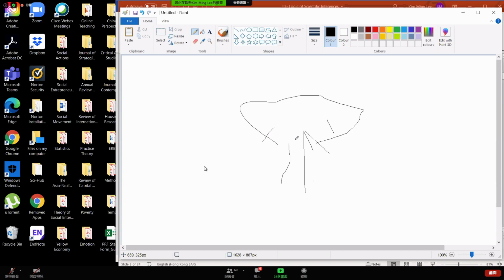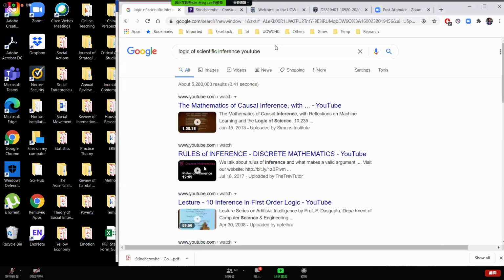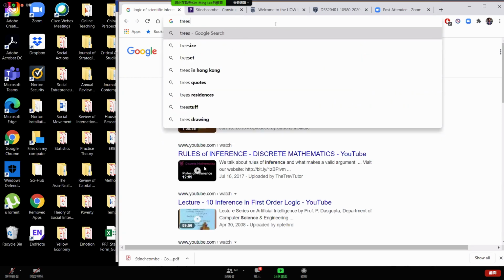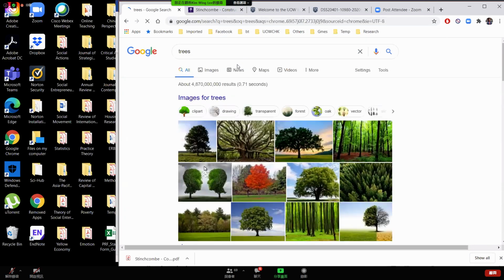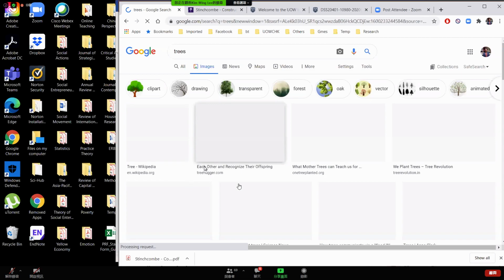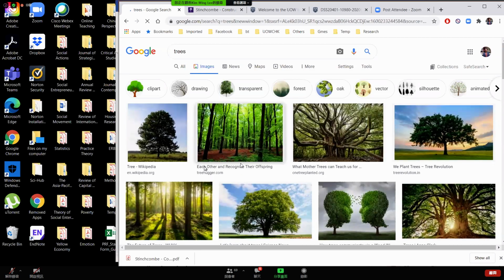So in this case, a concept is something in your mind that does not refer to any real object in the real world. So what are the real trees? If you look at here, you can see all these are real trees, but none of them resemble one another.